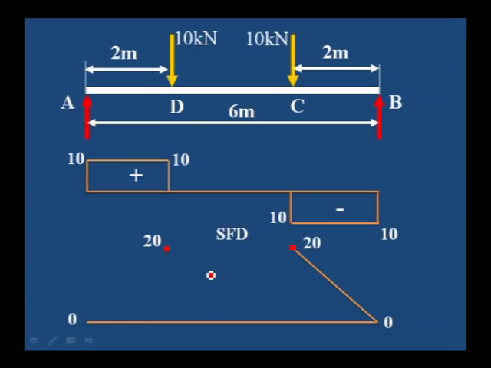Next draw a straight inclined line from B point to C point, and then from C to D the bending moment is constant, then from D to A, at D 20 kilonewton meter, then it becomes 0. This is the diagram for bending moment. What we can observe here is that the bending moment is constant from C to D.